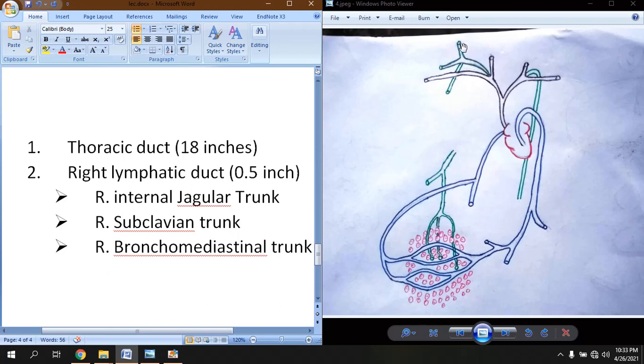First of all, the right internal jugular trunk, that is this one. This drains the lymph, or the interstitial fluid, from the neck region and the upper right part of the head. This is the second one, the right subclavian trunk.